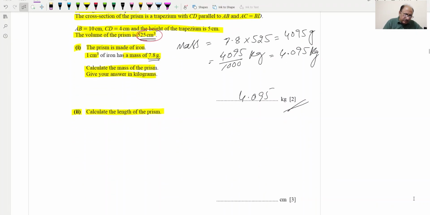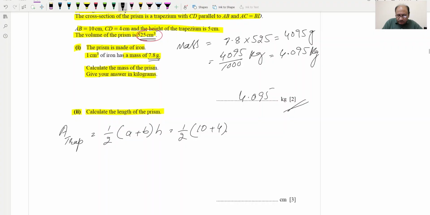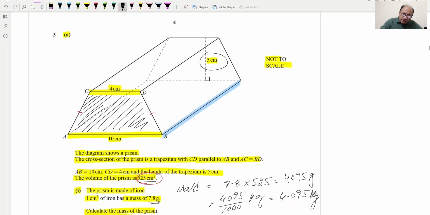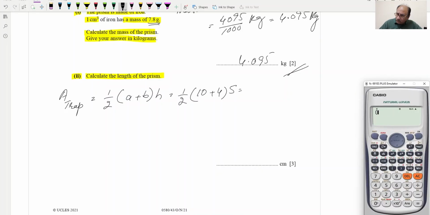Area of trapezium is equal to half into (A plus B) into H. This is the formula we are using, and A and B are the parallel sides, which are 10 and 4. So 0.5 times (10 plus 4) times the height, which is 5 centimeters. 10 plus 4 is 14, multiplied by 5 gives 35.